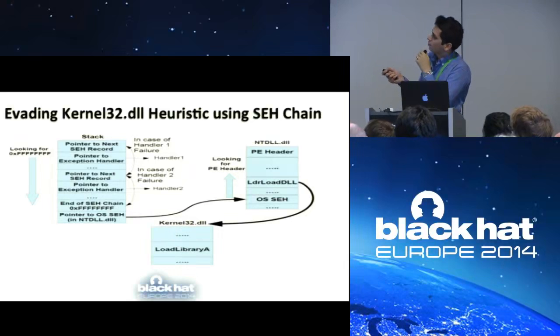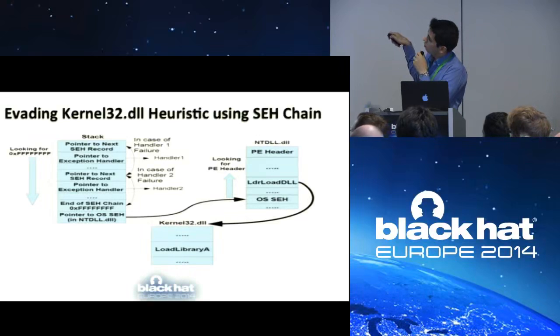And then once we are in ntdll.dll, we will look for the PE header or MZ bytes. And once you find it, there is a fixed distance between the PE header and a specific API which we want to load, called LdrLoadDll.